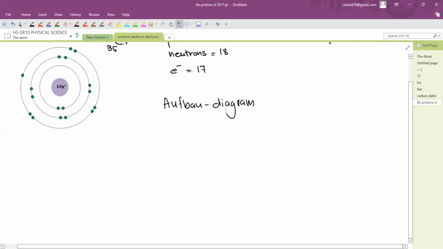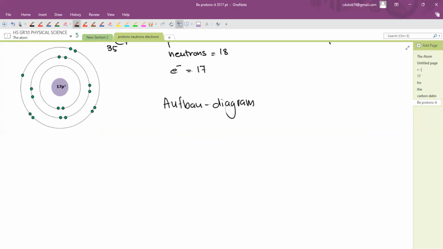You're going to make a drawing of the energy fields in which the electrons are moving. So chlorine is in period number 3. Go look in your periodic table. It's in group 7, but the period is number 3. The periods are those horizontal rows. Can you see that? Yes.